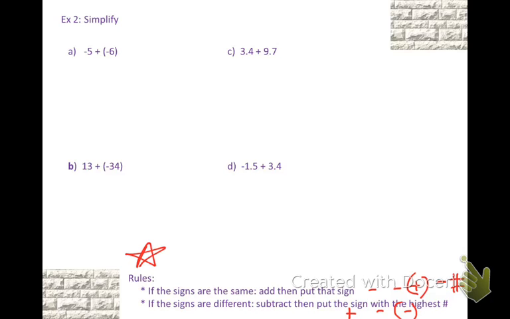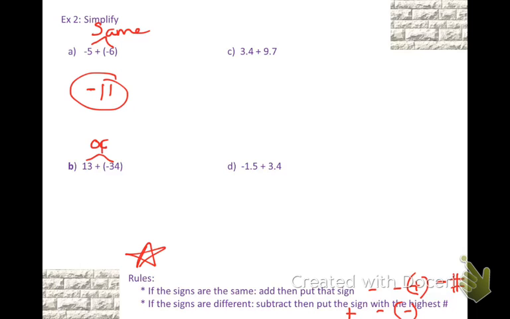So if I look at it, -5 plus -6, the signs are the same. So we're going to add 5 plus 6, which is 11, and the signs are negative, so it would be -11. B, you have opposite signs.